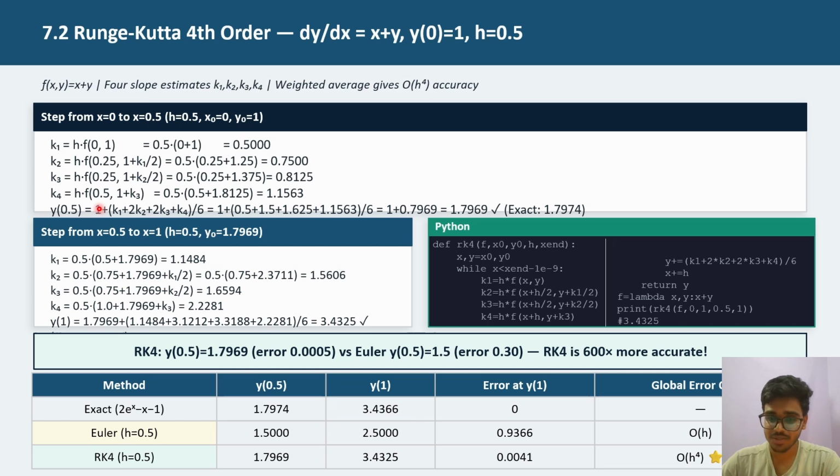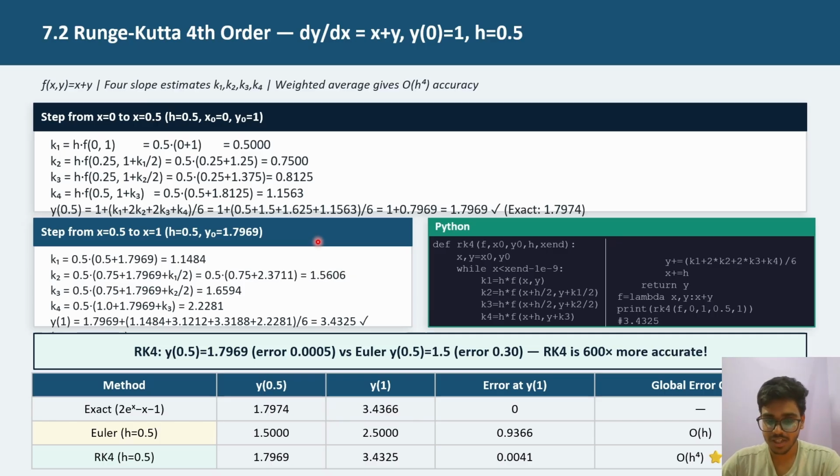Then it combines them using a weighted average. The final update formula is pronounced as y(n+1) equals yn plus (k1 plus 2k2 plus 2k3 plus k4) divided by 6. This makes the approximation much more accurate.